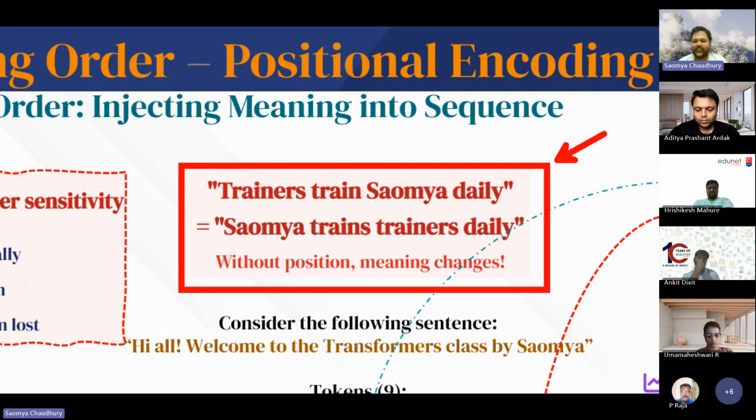Let me use the blue color. I call this sentence one, and this sentence two.